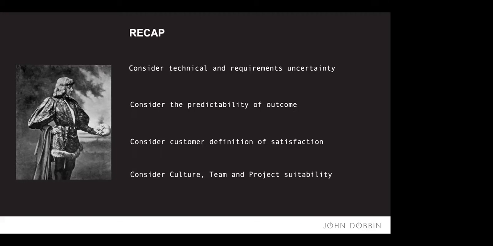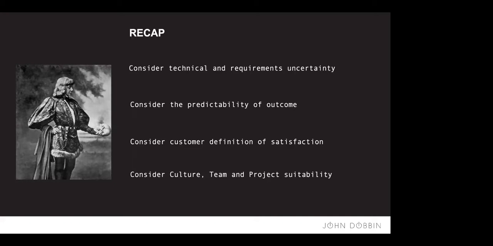Then the next one is consider the predictability of the outcome. So if you think that you can predict the outcome of a project simply, then just roll out waterfall. If you think you can predict it with a fairly high degree of certainty, but it's going to take a bit of work and some analysis, then that's possibly also a waterfall project with some agile bits.